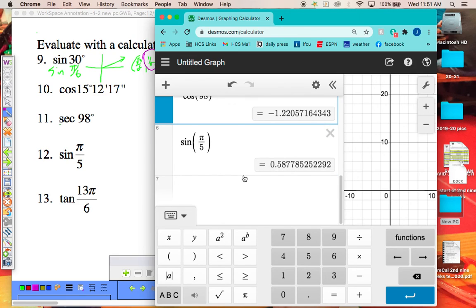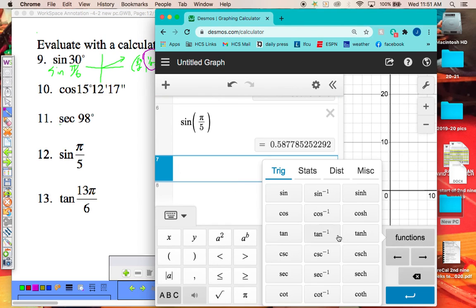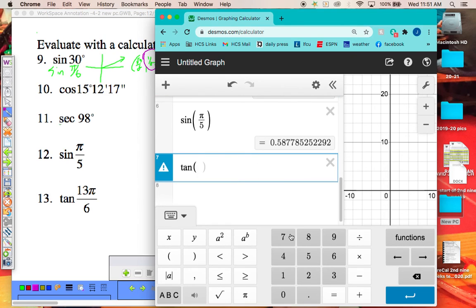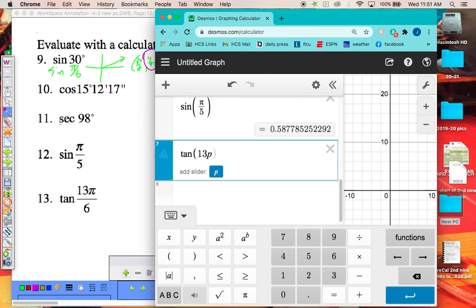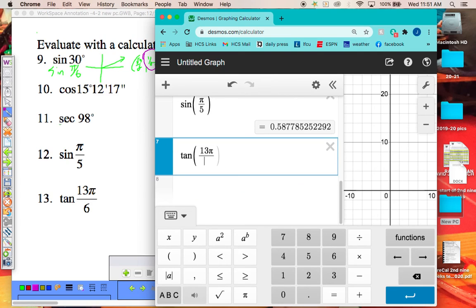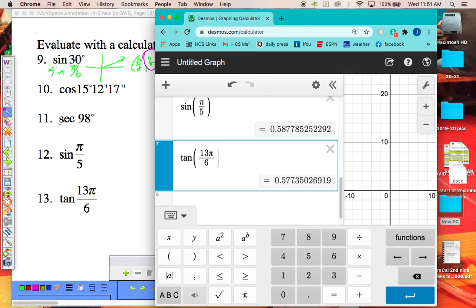And you get 0.588. Go back and forth. Number 13, the tangent of 13 pi over 6, we can look at our unit circle for that, but using a calculator, functions, tangent. I'm just going to write 13 and type pi divided by 6, and I get my answer.